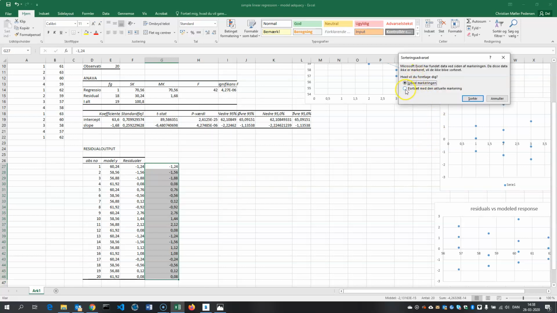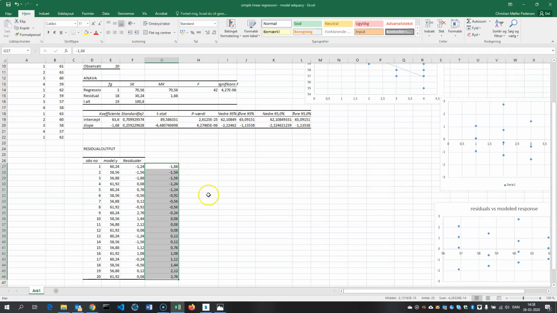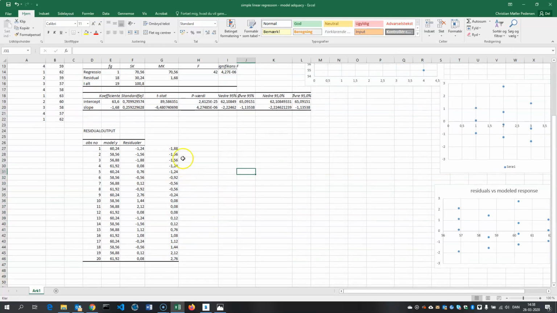Excel suggests that I expand my selection, but I don't want to do that. I just want to sort this column here. So what we have here is our residuals, starting with the smallest one and ending with the last one. And we could call this sorted residuals. I'll zoom in a little bit.